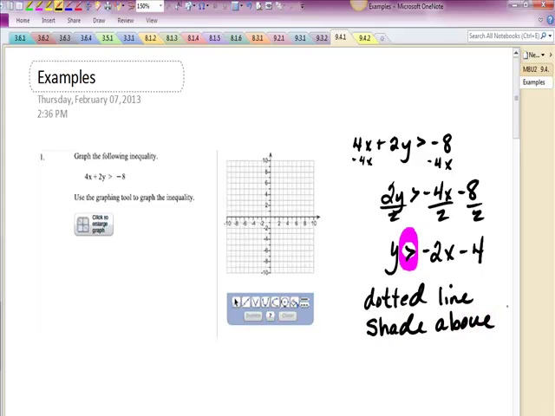So I make those decisions as soon as I get y is greater than or less than or whatever the symbol may be. Looking at this inequality, I know that the b value is negative 4. That means I will begin at negative 4 on the y-axis. The slope is negative 2. If I put that over 1, it says to go down 2 and right 1.